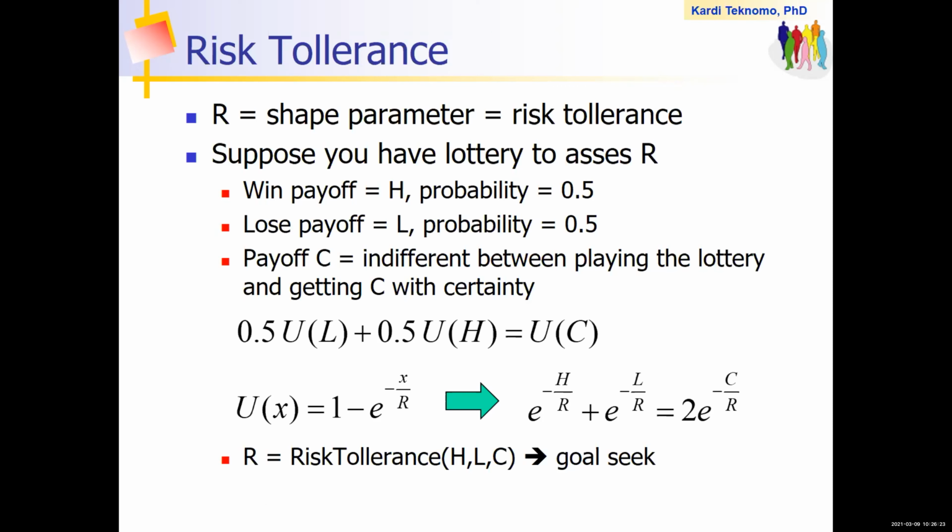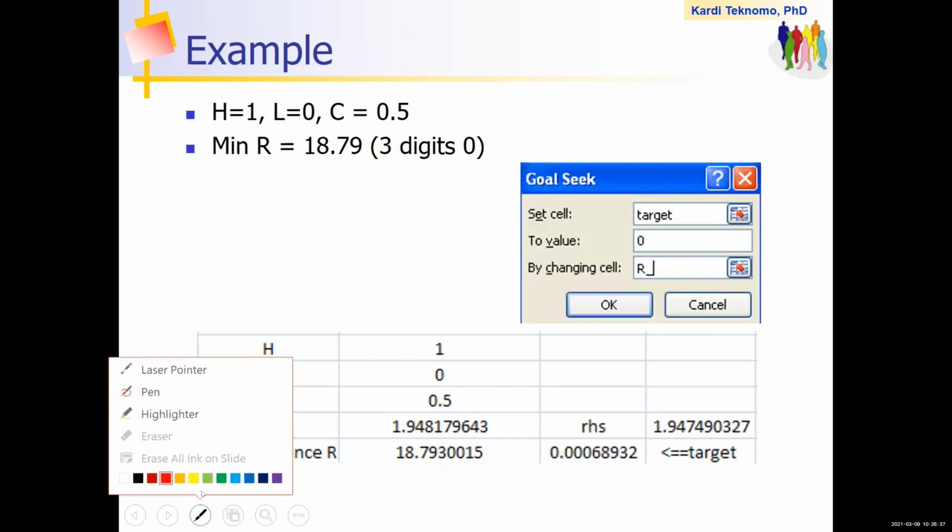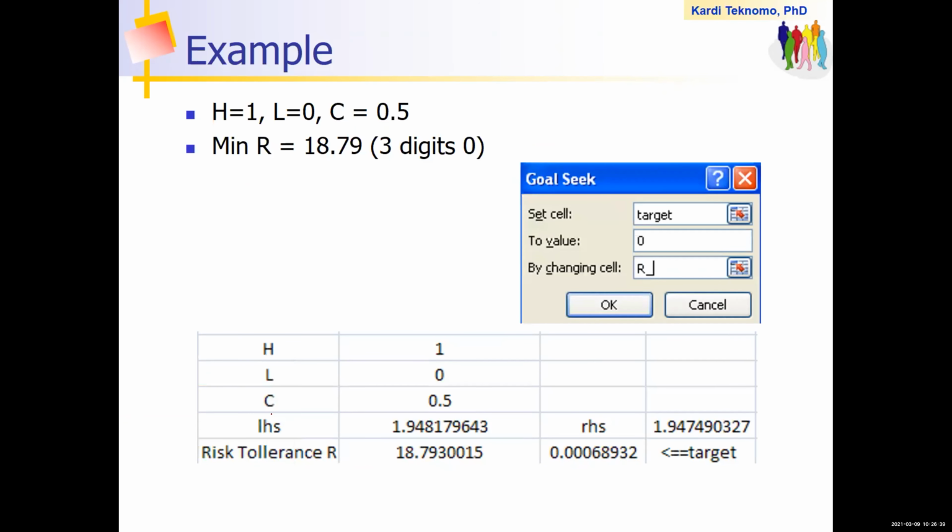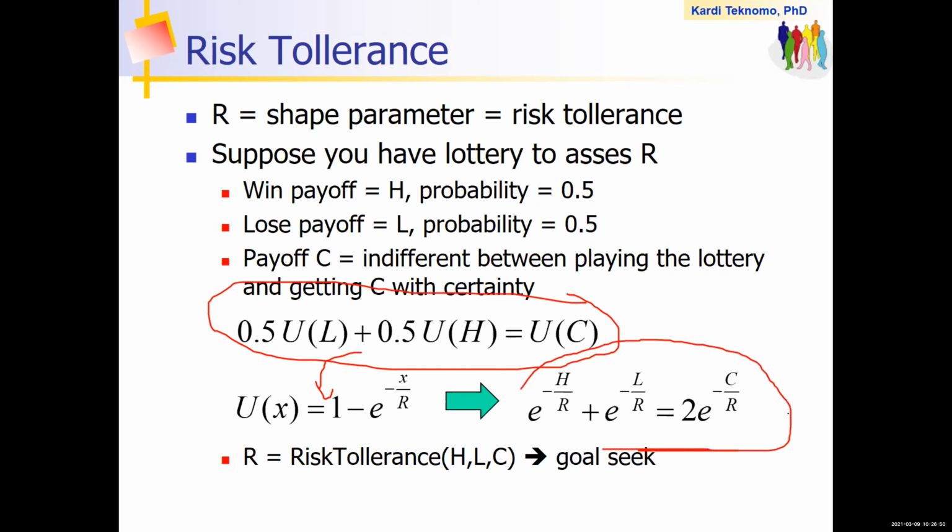Now, given the utility function, you can put this value, this formula here. Let me throw with the red. This formula here, you put it into this utility function and you will get this equation, right?